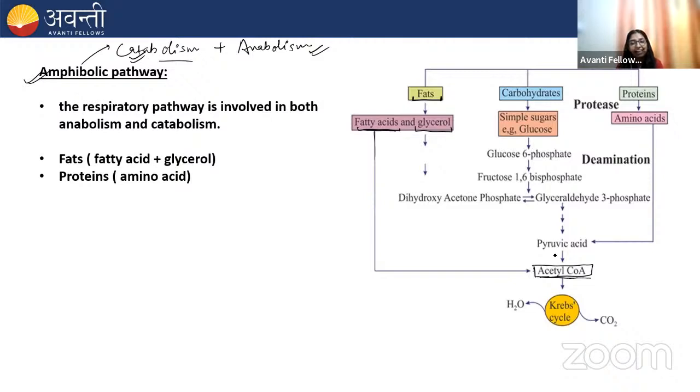In that case, the acetyl-CoA can be withdrawn from this respiratory pathway and used in the formation of fatty acid. So this acetyl-CoA can be used in the synthesis of fatty acids. So the synthesis process is also taking place, and anabolism means synthesis. Similarly, in the Krebs cycle, many intermediates are formed, like alpha ketoglutarate.